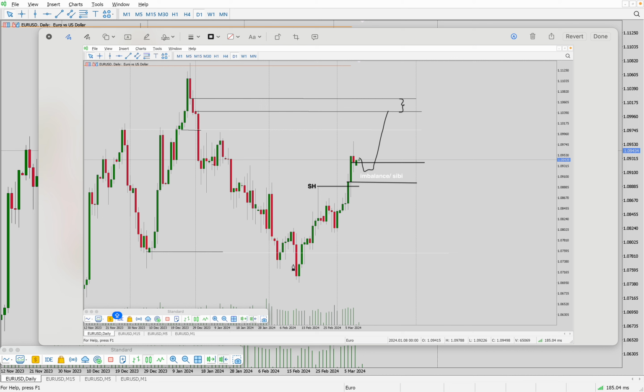So in turn, I will be looking for W into level 1 consolidation, V into level 2 consolidation, V into level 3 consolidation, M, right? Then I'll see price come back into market maker's fair value, which will be in the discounts.